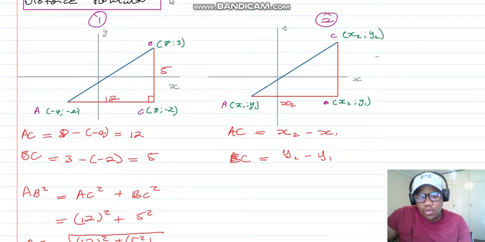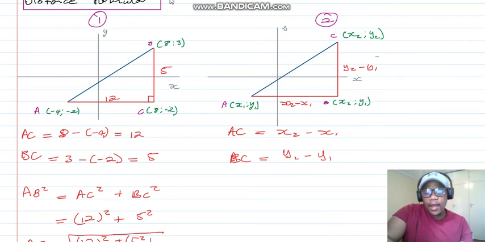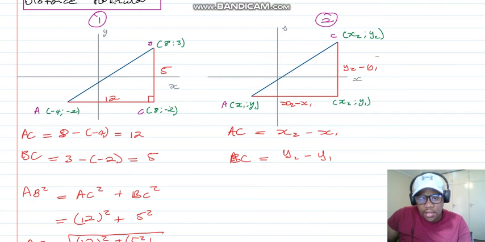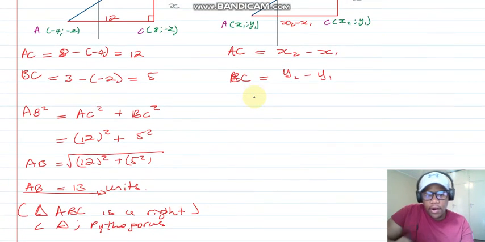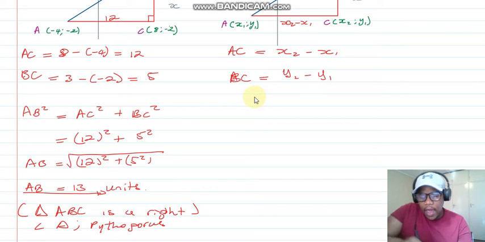You just say x2 minus x1, and then you just say y2 minus y1, right? So yeah. Oh, I'm sorry, I named my triangles differently here. I named it incorrectly, so this is going to be AC. This is going to be B. My apologies.